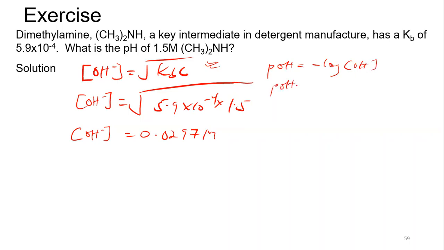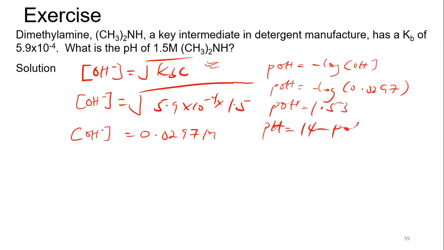Then pOH should be equal to negative log of 0.0297. And then the pOH is equal to 1.53. pH should be equal to 14 minus pOH.